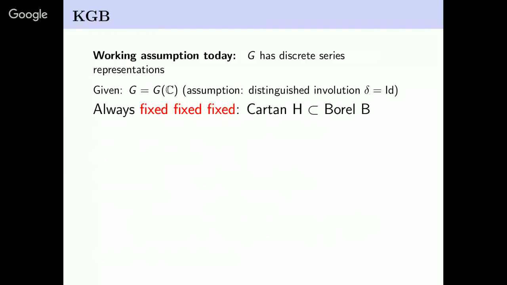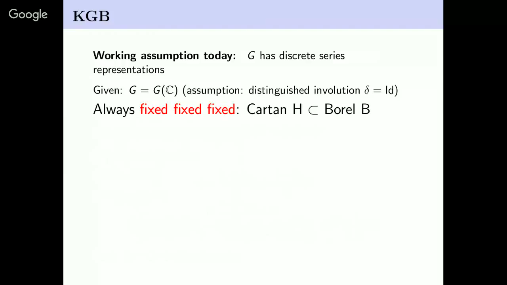Okay, so this is a basic principle that bears repeating 3 times in red. We have our group, and we've fixed a Cartan subgroup H and a Borel subgroup B, and they're really, really, really fixed. They never vary. The nice thing about this point of view is that you can always work with a fixed Cartan and a fixed Borel, and other things are varying, but that's rock solid.